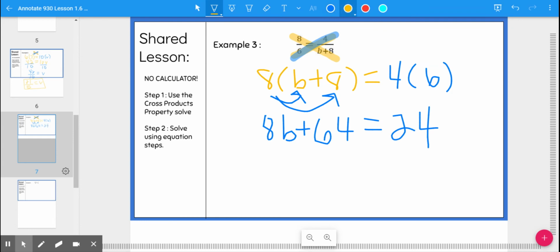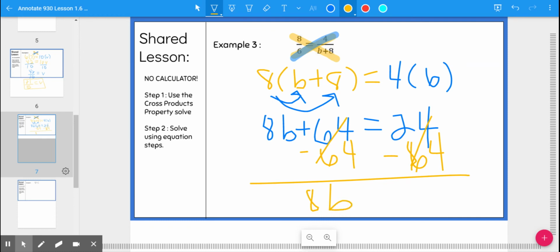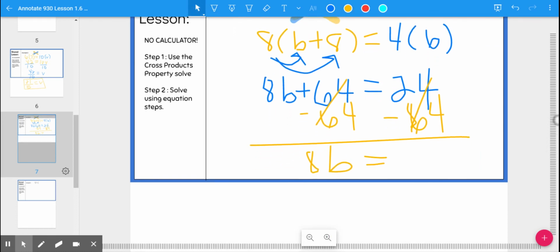All right, next step is we want to subtract 64 from the other side, because we have that positive 64. We need to do the opposite. So we subtract 64. I am left with 8b is equal to 24 minus 64. We are left with negative 40.